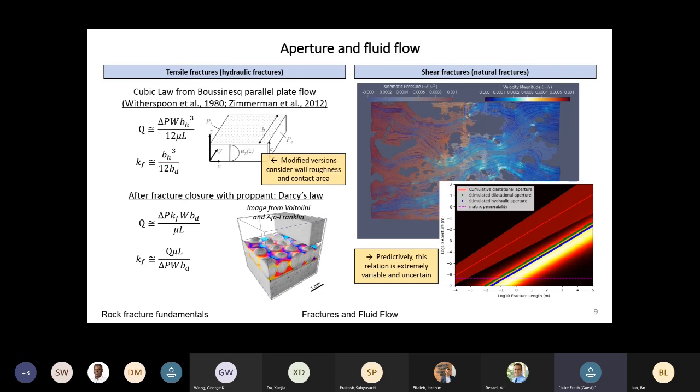And then when you consider proppant, I'm actually taking this image from Berkeley. So I'm not trying to claim any credit on this particular image. But when you consider proppant, you have a little bit different scenario because you have these flow channels a little bit more tortuous, and you get proppant crushing and those kinds of things. This is often approximated using something like Darcy's law.